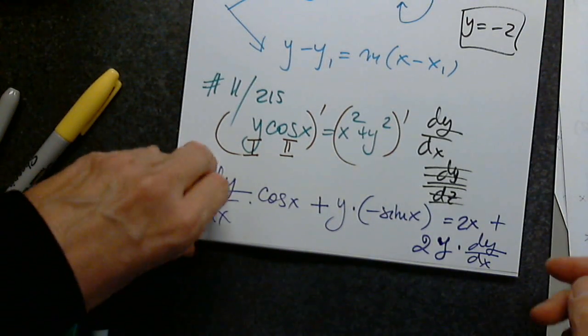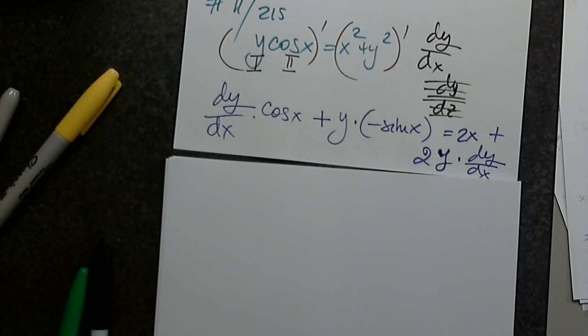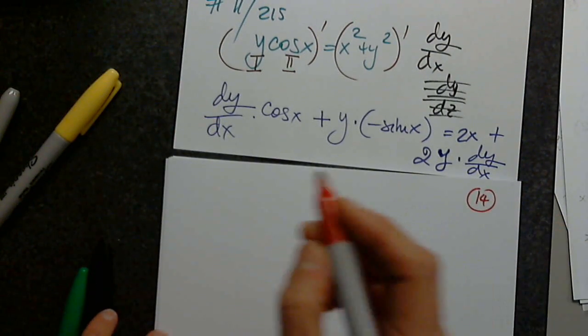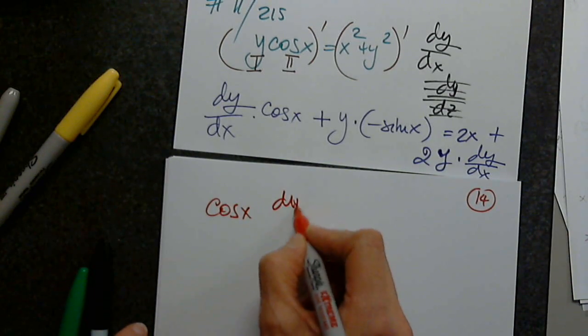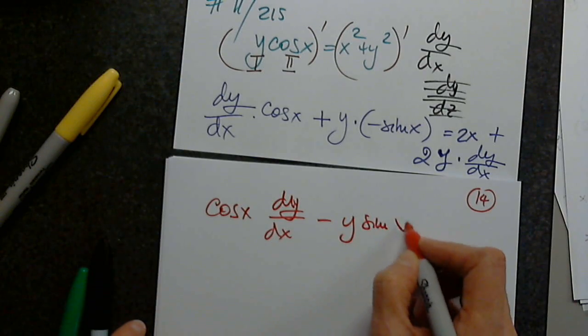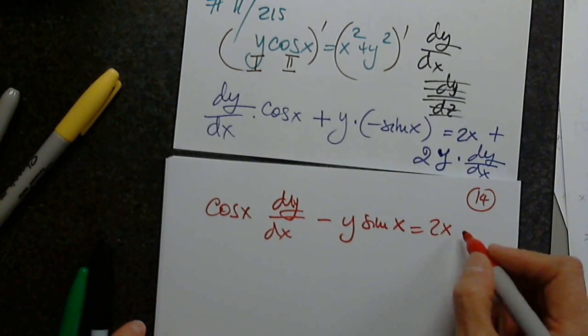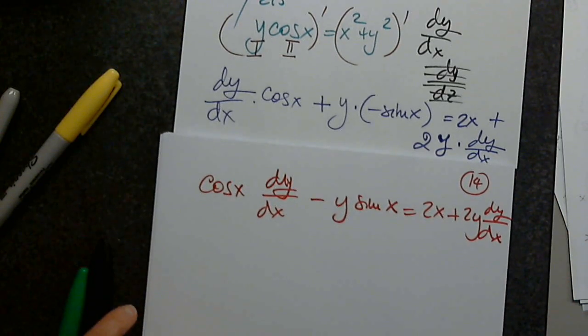Awesome. Let's simplify both sides a little bit. So cosine x times dy over dx minus y sine x equals 2x plus 2y dy over dx. Now I'm asking myself, what am I after?